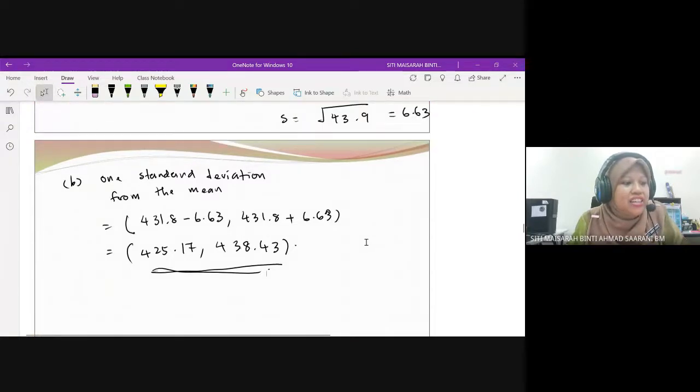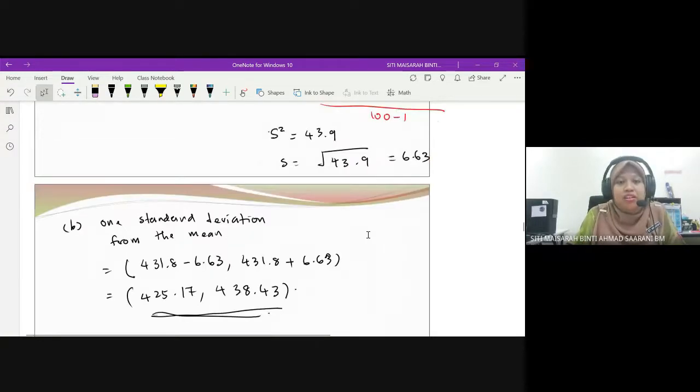Ni antara interval yang kedua sehingga interval yang keempat lah kan. Dia nak interval je soalan dia. Dia pun tak perasan. Okay, so ni lah dia punya interval yang dia allow to be sold lah.